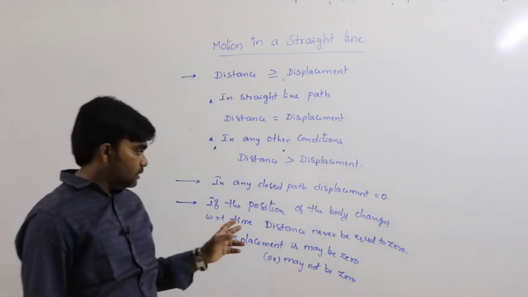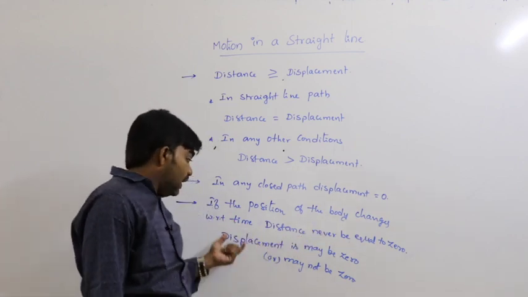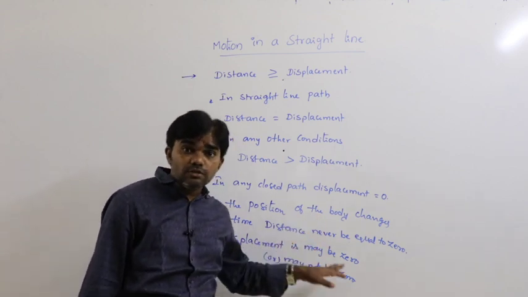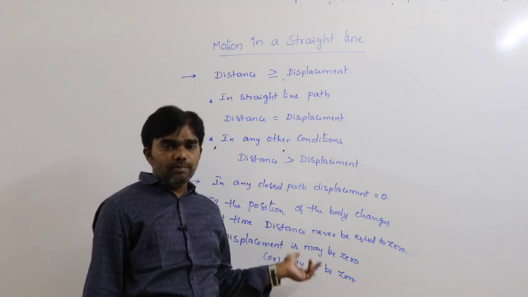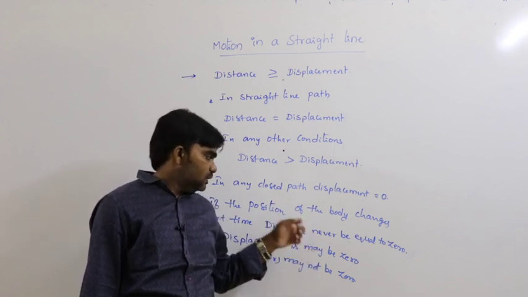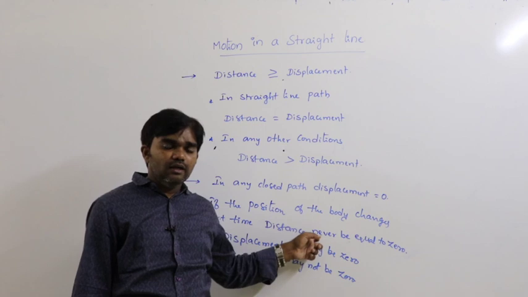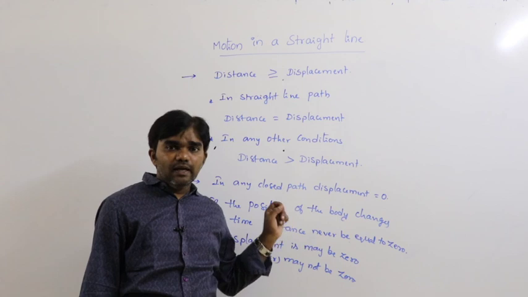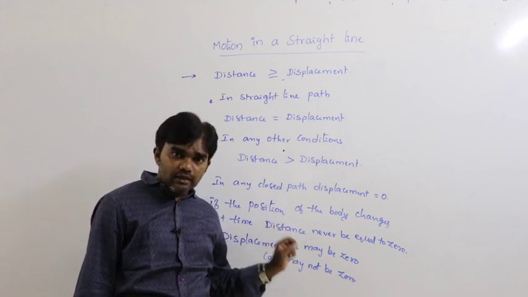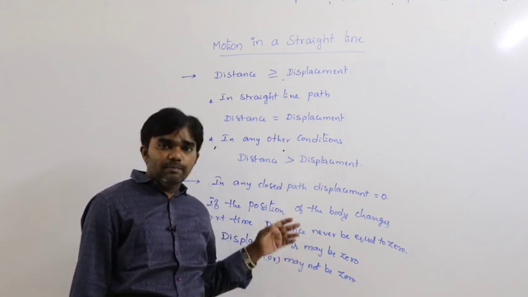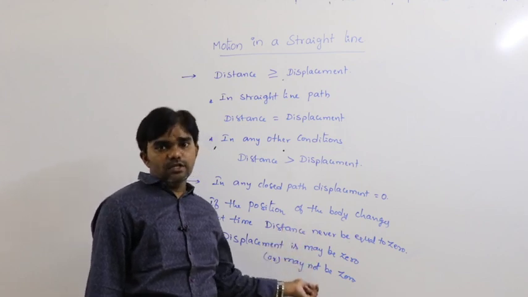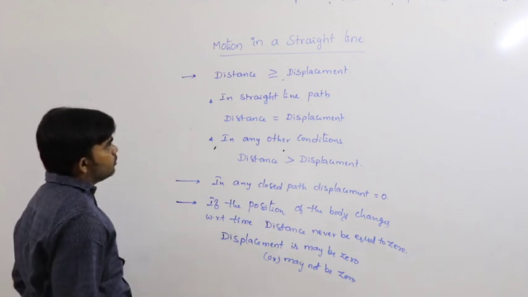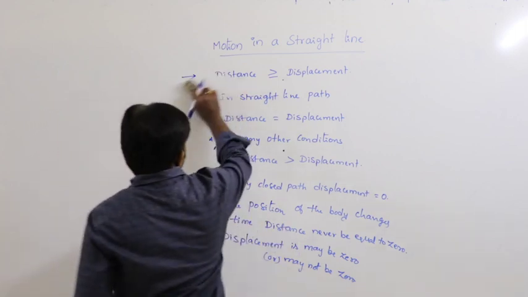The displacement may be 0, may be non-zero, may be positive, may be negative also, because the distance is a scalar quantity, but the displacement is a vector. Depending on the direction, the displacement may be positive, may be negative, may be 0. That is the situation. These 3 points we have to remember. This is about the distance and the displacement.